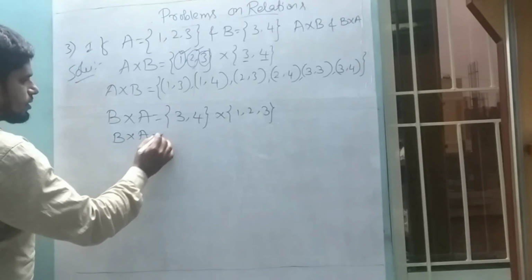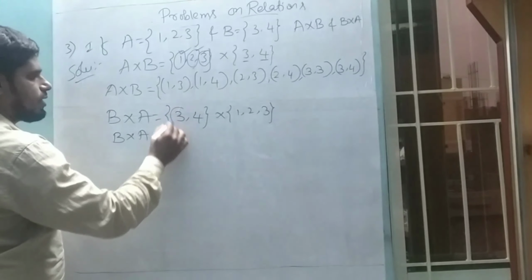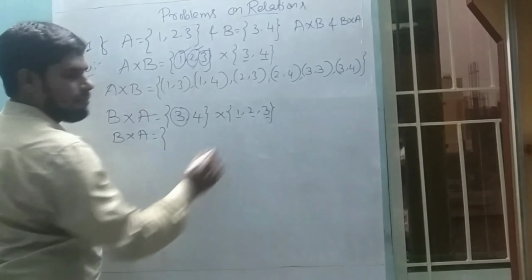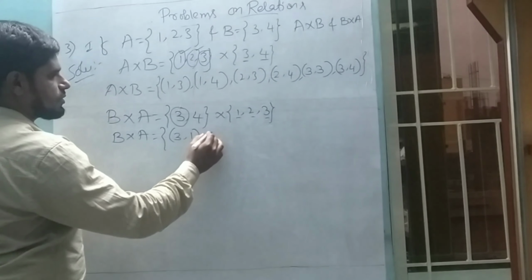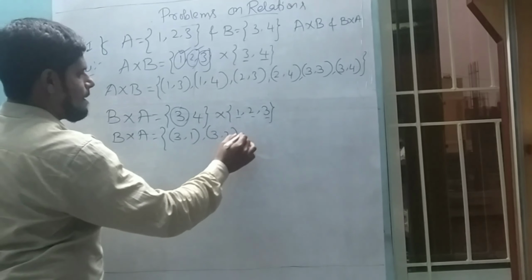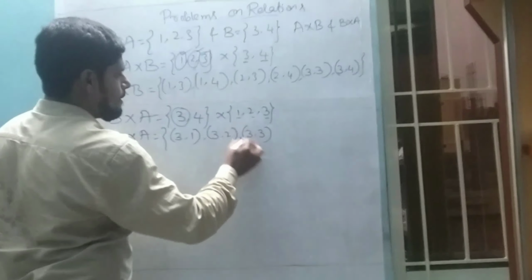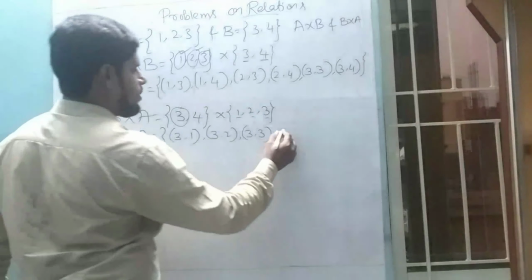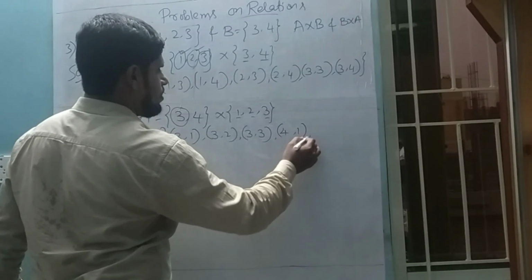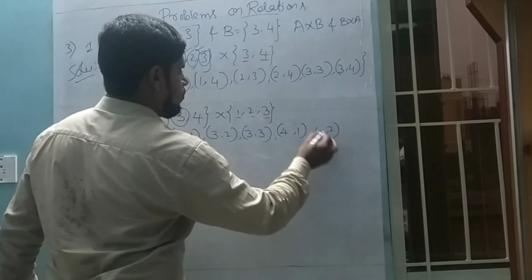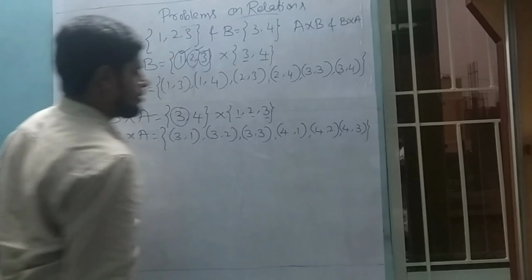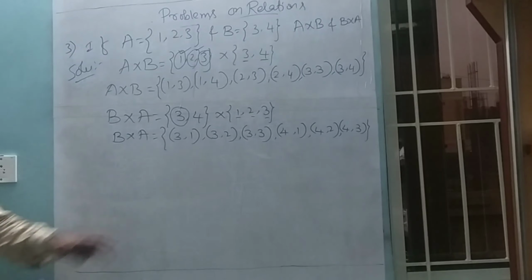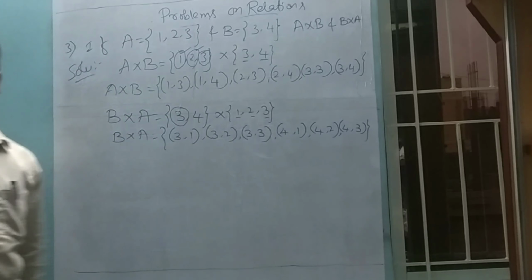B cross A is equals to, first start with 3 to all these 3 elements in an ordered pair. 3 comma 1, 3 comma 2, 3 comma 3, then 4 comma 1, 4 comma 2, 4 comma 3. Yes, these are the 6 elements of B cross A.